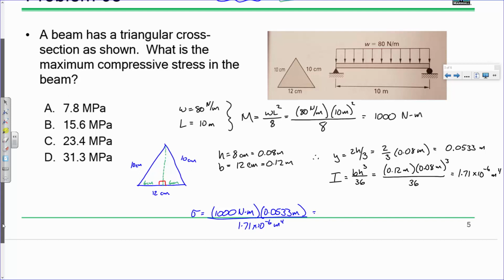Should be pretty big, because you're dividing by a really small number. 3.12 times 10 to the 7 pascals, right? So that's 3.12 times 10 to the first megapascals, or 31.2 megapascals. The difference is just rounding.